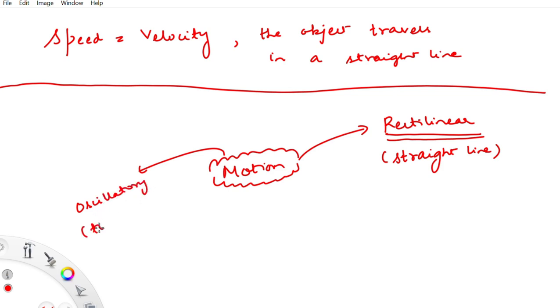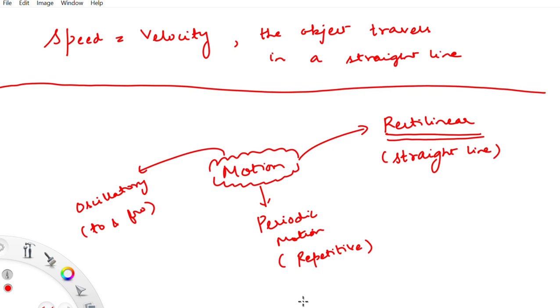Oscillatory motion is nothing but to and fro motion of an object. And periodic motion is repetitive in nature. It repeats itself after regular intervals of time.